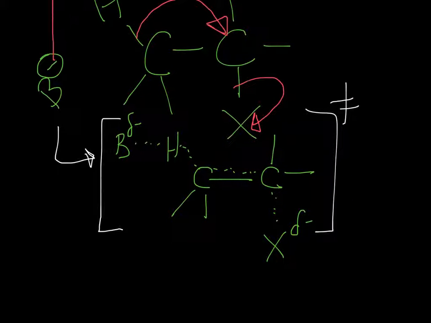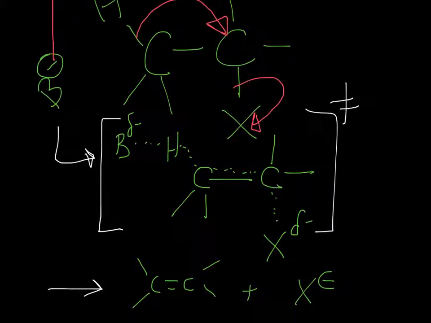To where our final products are going to be the alkene and the X minus, the weak base, whatever that was. So it'd be I minus if you start with iodine, Cl minus or Br minus if you started with either chlorine or bromine. Okay.